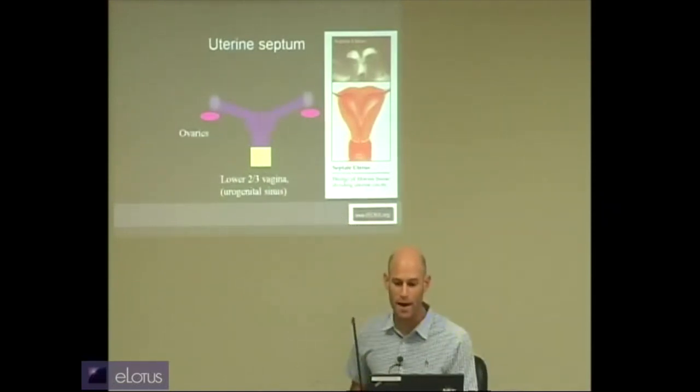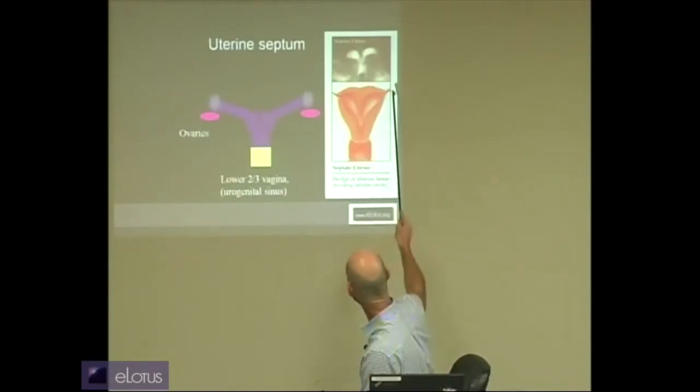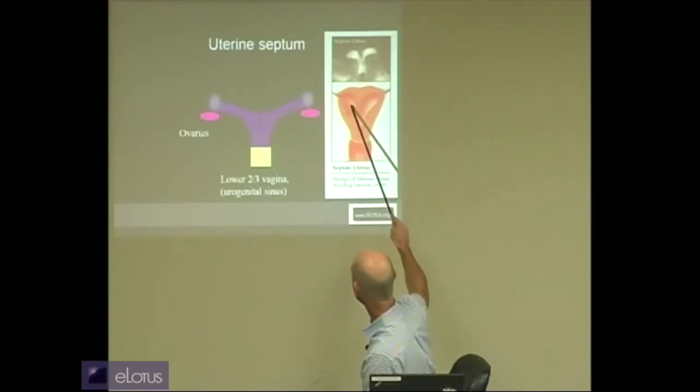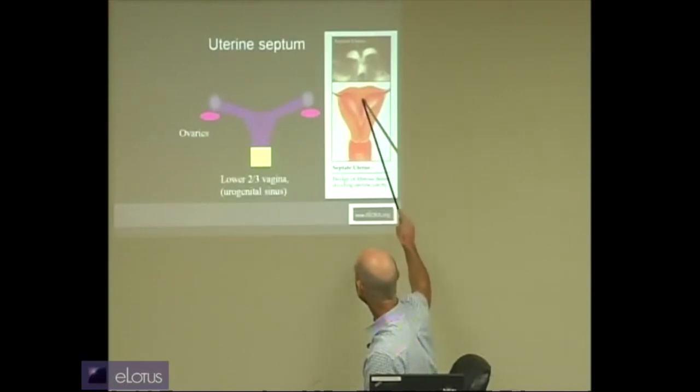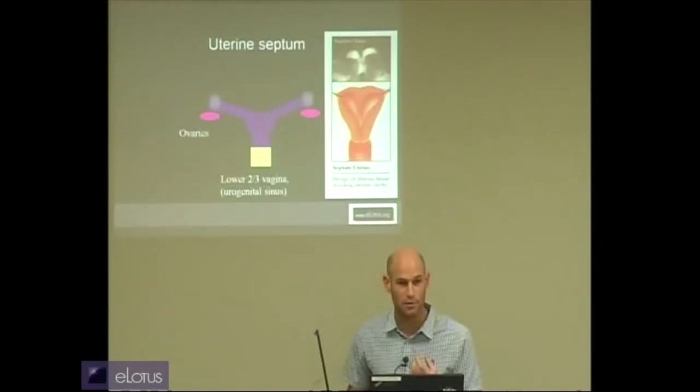This is problematic because when an embryo comes in, it comes in through the fallopian tube here after fertilization. It comes in and it usually implants right in this area, middle of the uterus somewhere. Now, this tissue is not as well vascularized as the rest of the uterus, which is very well designed to accept an implanting embryo.